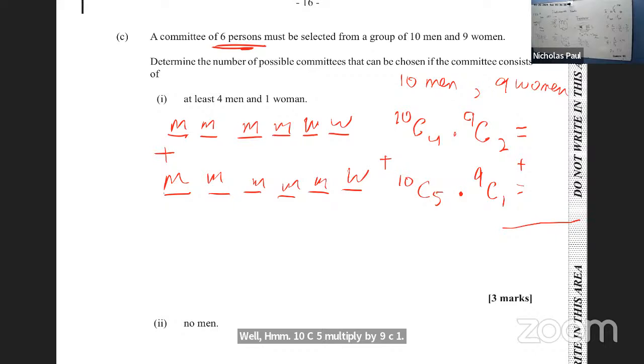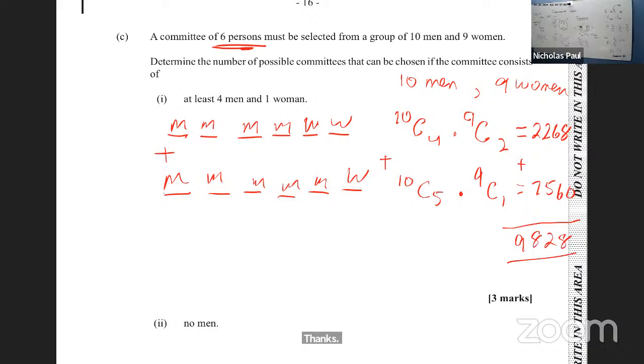How much do you end up with? The first one is 2,200 and the next one is 560. And last, how many is it? Okay, try the next one.